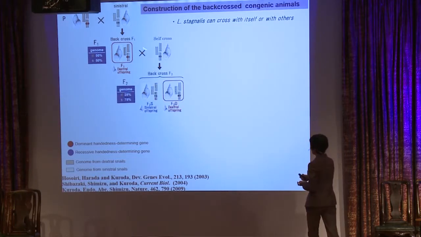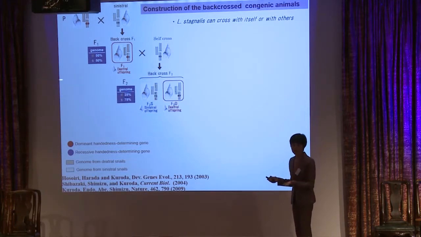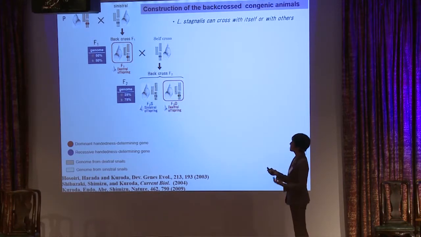Then you have to wait for the next generation to see what gene it inherited from the parent. If it has this red dot, the handedness determining gene, it produces right-handed offspring. If not, left-handed. So you have to pick them out.